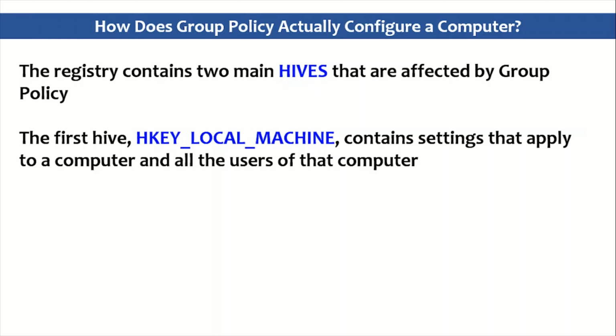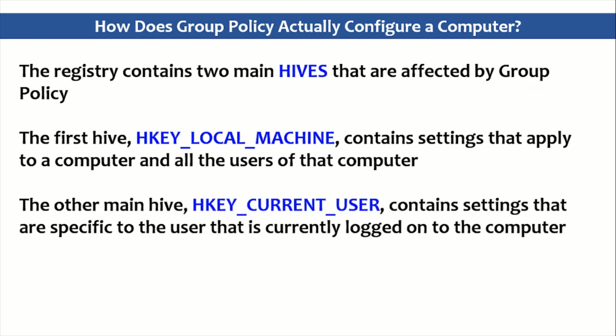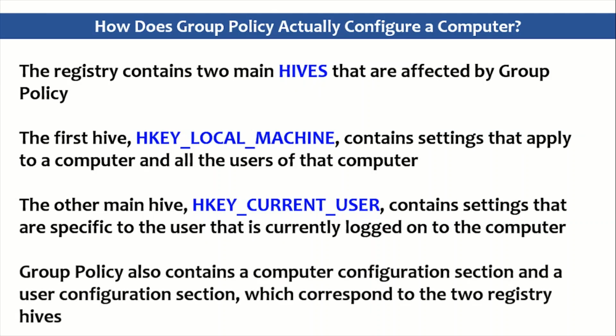So all the computer based settings are configured under HKEY_LOCAL_MACHINE. And we have another hive called HKEY_CURRENT_USER, which contains settings for the specific user that is currently logged on to the computer. Group policy also contains a computer configuration section and a user configuration section, which correspond to these 2 registry hives.